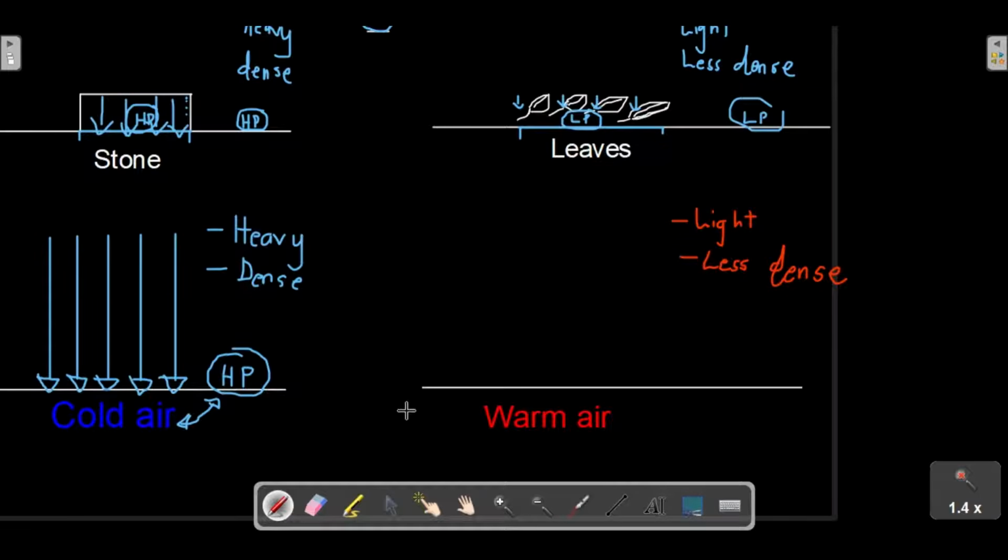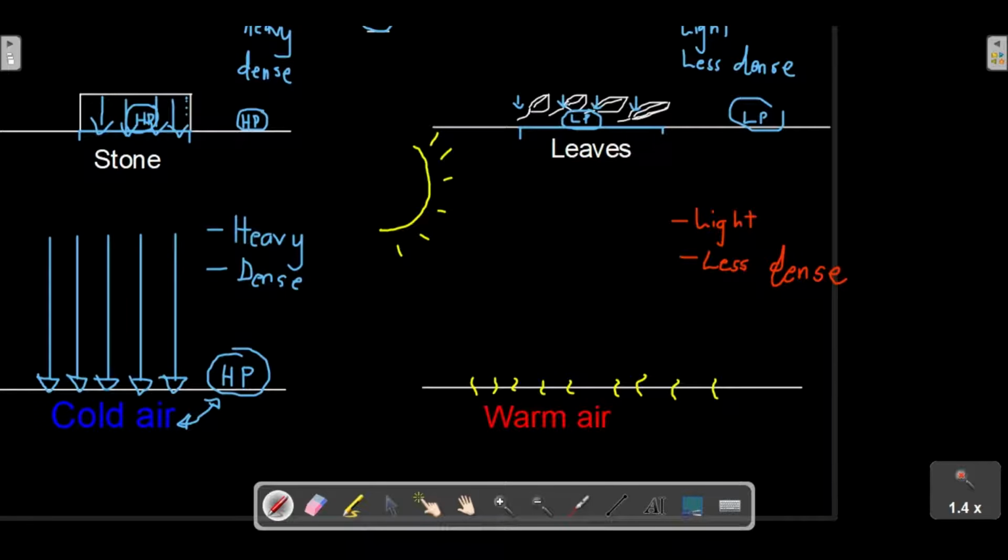So what happens, guys, is that before warm air is created, when it's a sunny day, the sun hits the ground, so the ground warms up, and then it transfers that heat energy to the surrounding air, the air that is right above it.